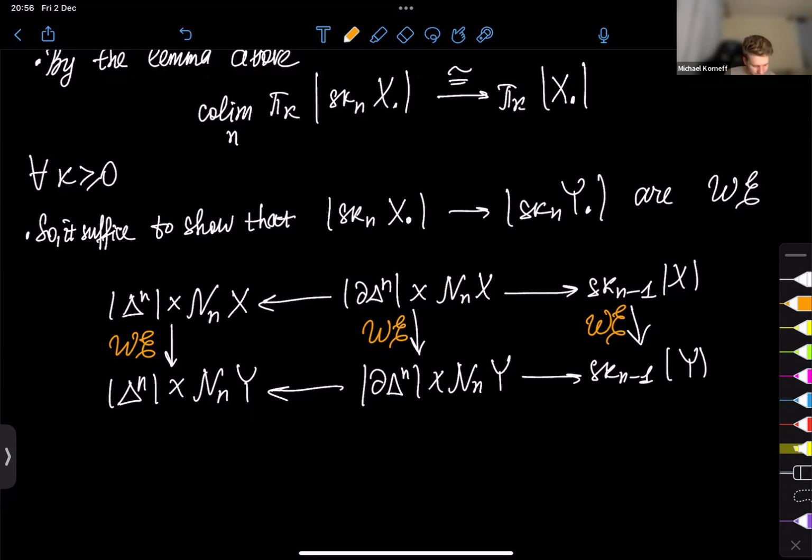So the result follows from the fact that weak equivalences have a local property.